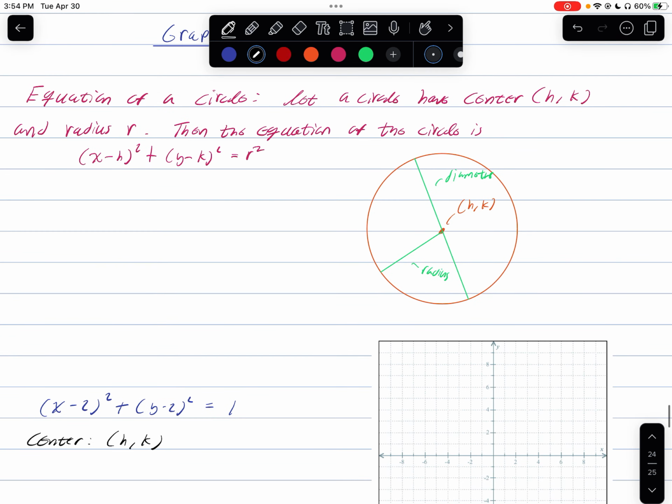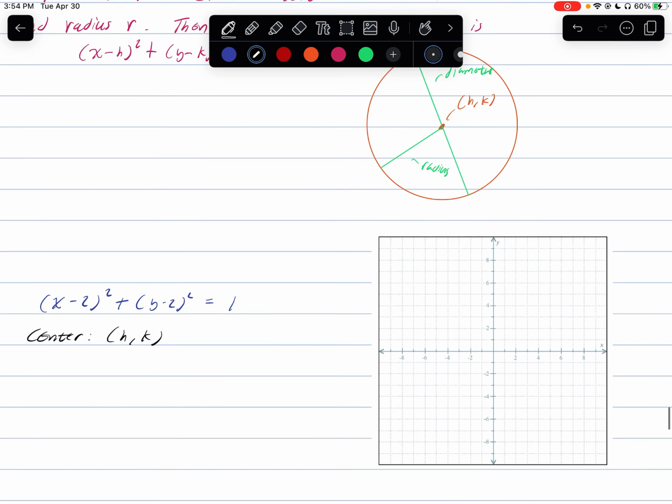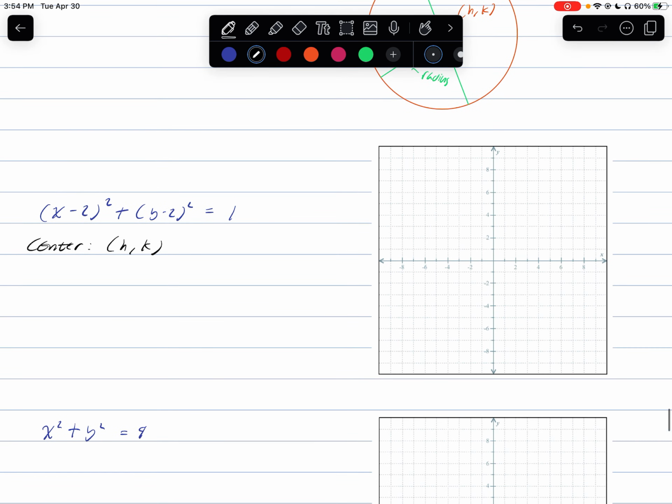If we go back to our formula, we have (x minus h) squared plus (y minus k) squared equals r squared. It is already in that form, so the center of the circle is going to be given by (2, 2). Here h is equal to 2 and k is also equal to 2.